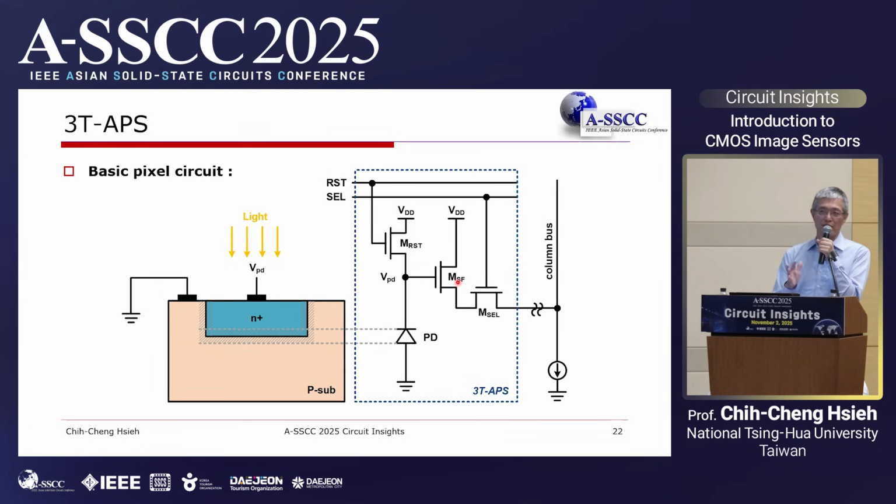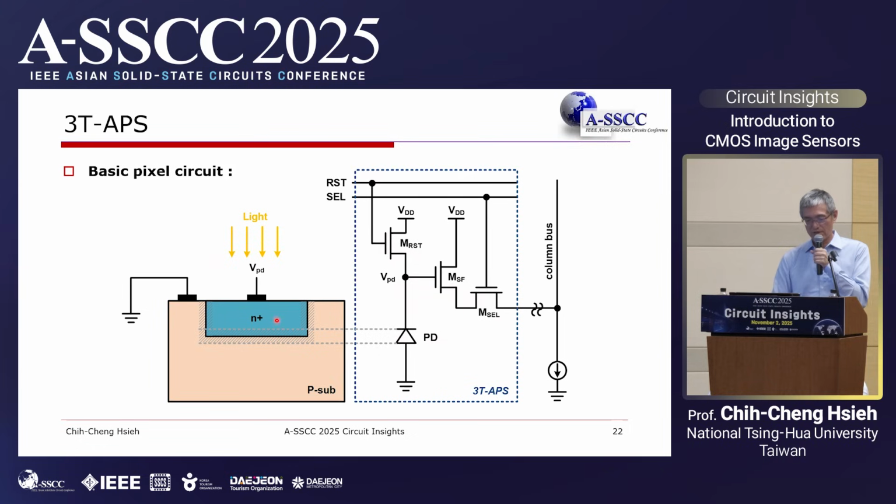I believe you all learned about the source follower. It's a very basic circuit, maybe in your second year of undergraduate in microelectronics. And the other one is the switch. So you only need 3 transistors in your pixel to do the required reset operation, the buffering operation, and the selection operation. This is the 3T APS.